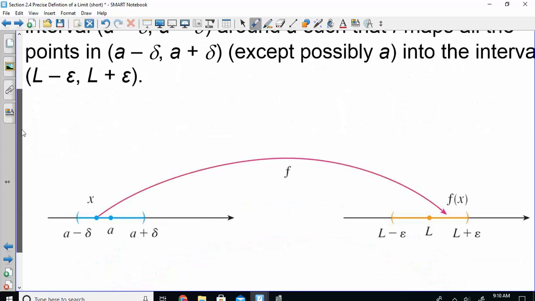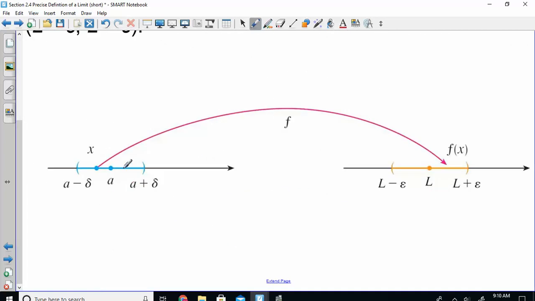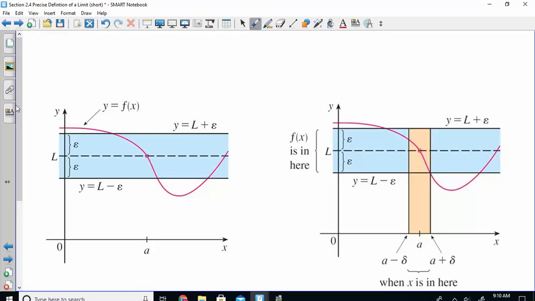Okay, another way to think about it, if we think about a graph, we're saying, okay, here's the a that we're approaching, and we're going to pick some range of values, x minus that amount and x plus that amount. And we have to pick that window so that our y's fall within this window around the real value.